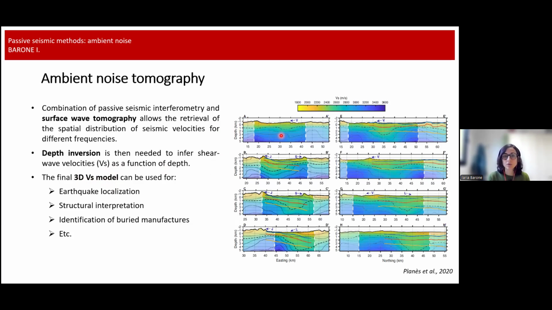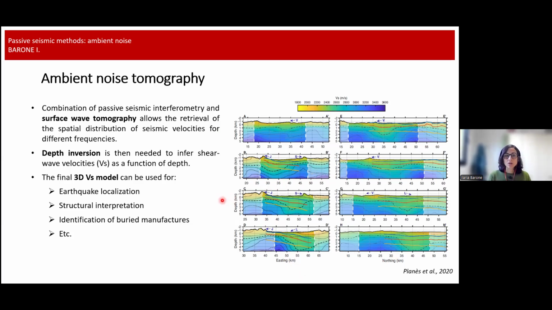What do we do with this 3D shear wave velocity model? It depends on the application. For example, in this case, the authors have done some structural interpretation. So they have identified the position of basins and geological structures, and so on.